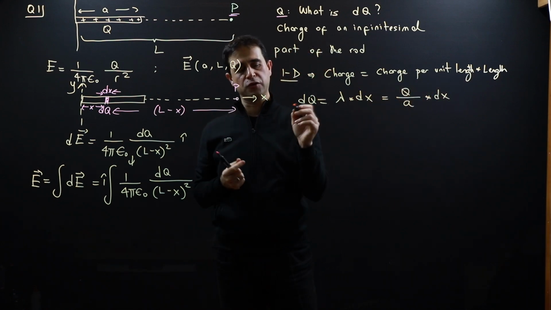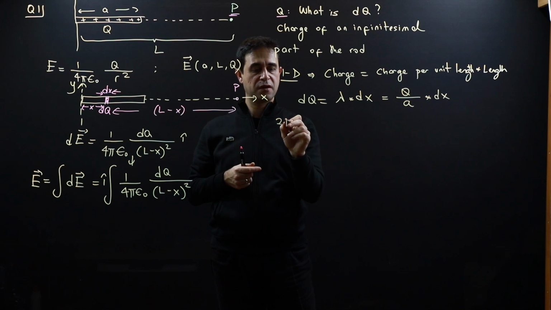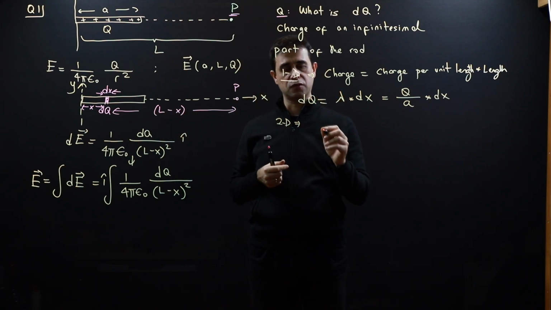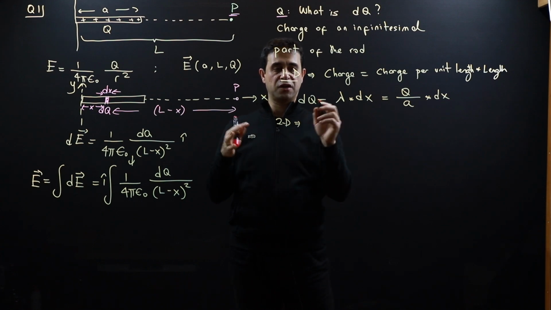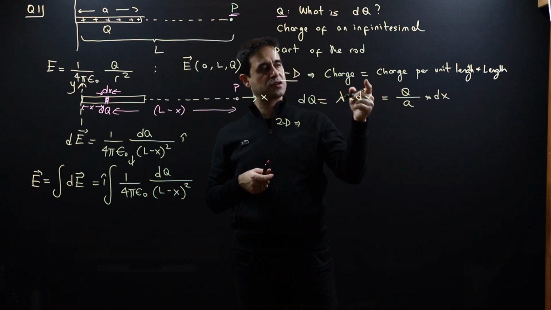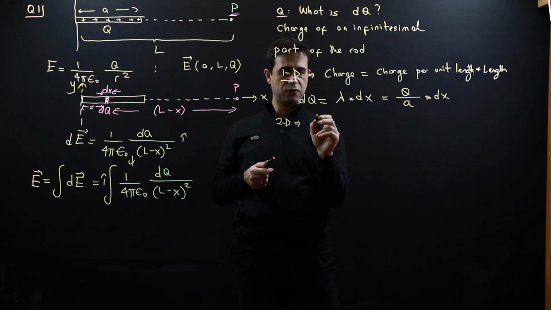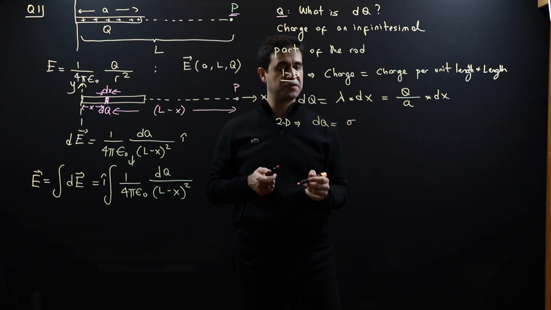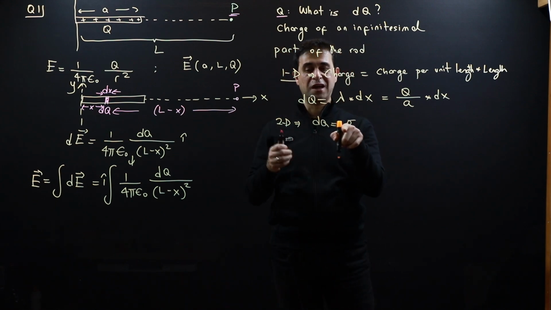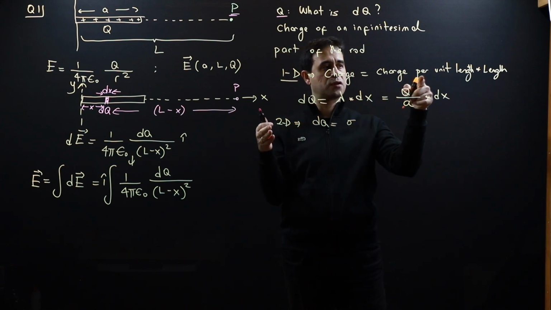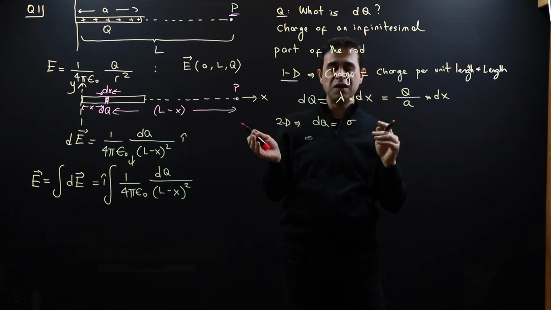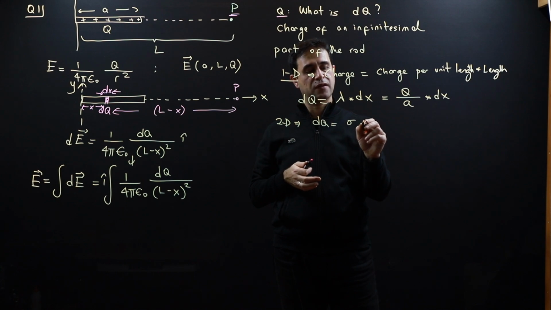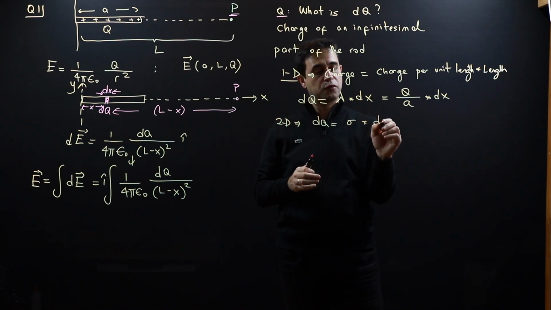If you are working in 2 dimensions, this problem isn't a 2-dimensional problem, but let me state it, so that we have an idea what happens. It's charge per unit area, which we usually represent by sigma. Sigma stands for, now it's 2-dimensional, so instead of charge per unit length, which in general we can call charge density if you like, charge per unit area times the area of that small portion.